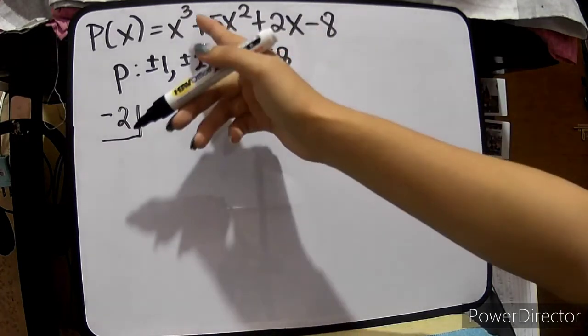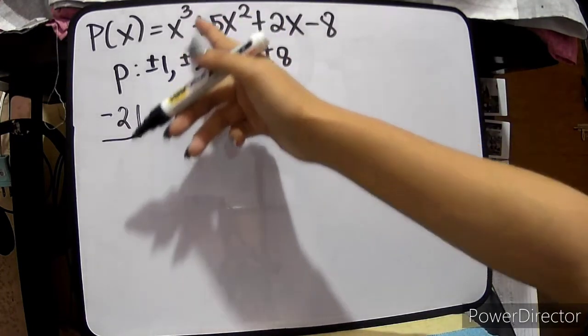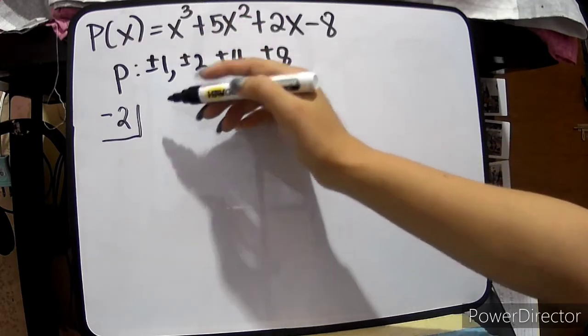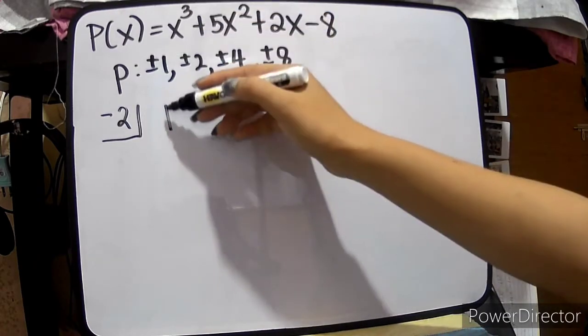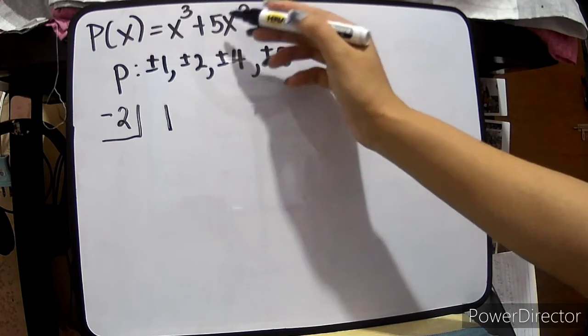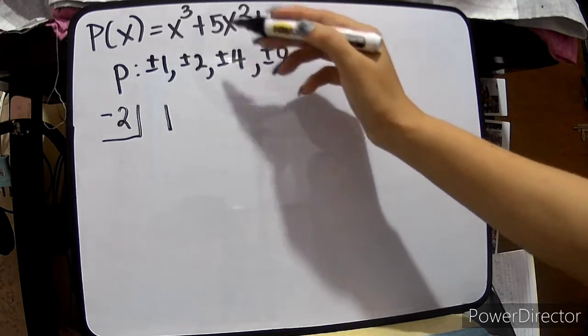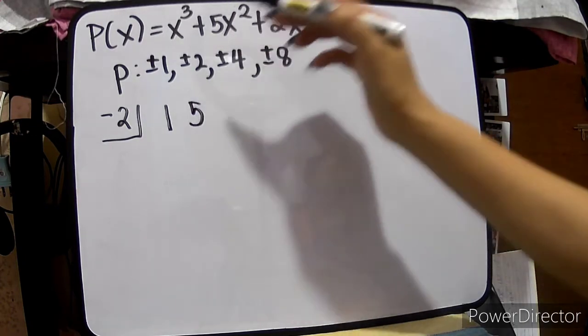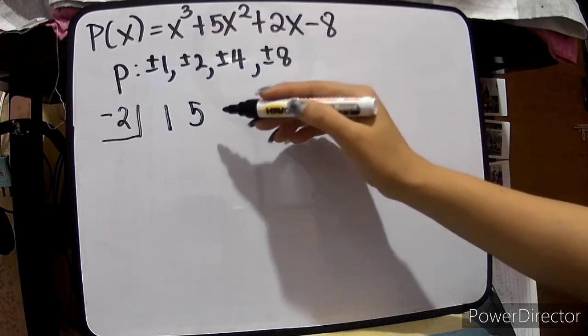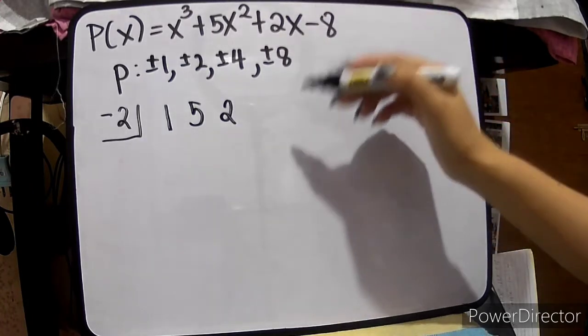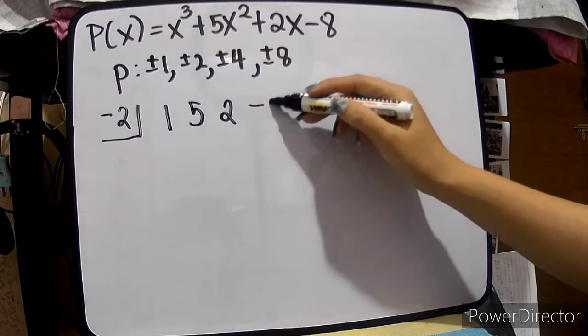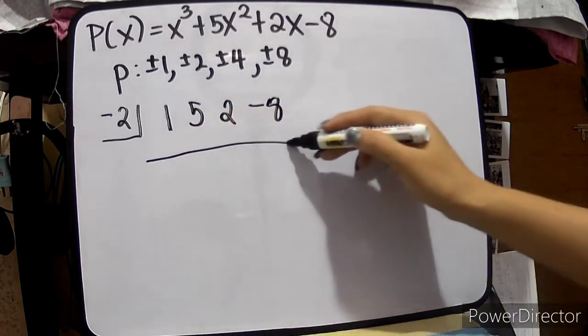But since our highest degree here is 3, so sa third degree, ang ating numerical coefficient is 1. Sa second degree, ang ating numerical coefficient is 5. Sa ating first degree 2 at ang ating 0 degree or ating constant ay negative 8.